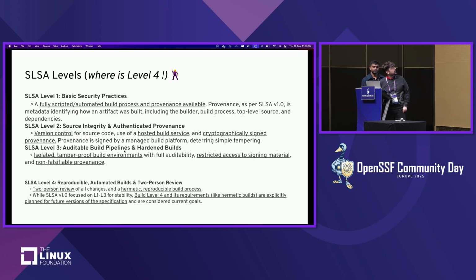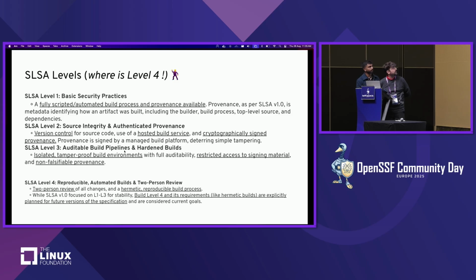Level 3 is auditable build pipelines and hardened builds. Here, we want a tamper-proof build system, meaning you cannot, during the build, tamper with anything you will generate. So for example, if you have a multiple steps or multiple task pipeline, you want to ensure that between different tasks, nothing can inject itself.